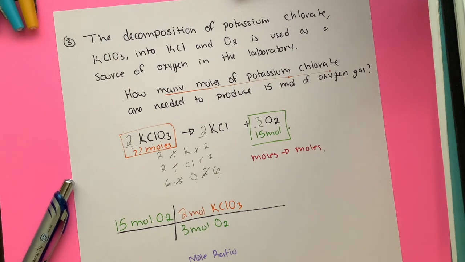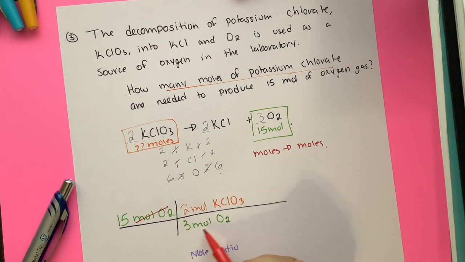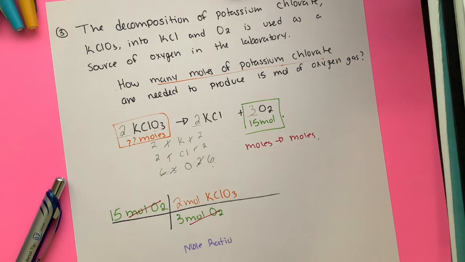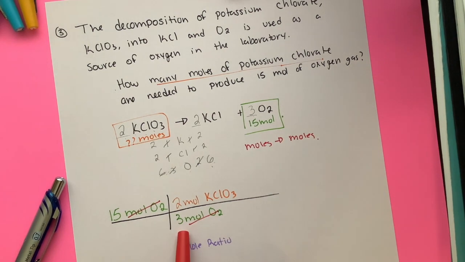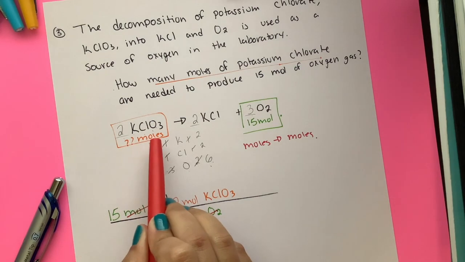The reason that I wrote moles of oxygen at the bottom is so they cancel each other out. Right now, the only unit left uncrossed is moles of KClO3. They're asking me for moles of KClO3.